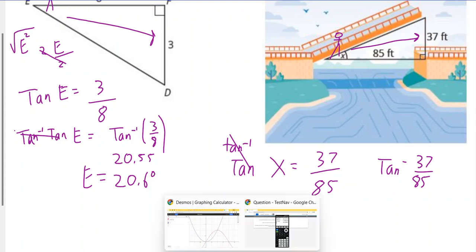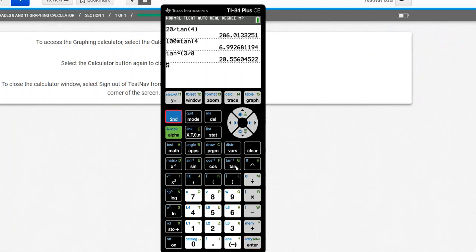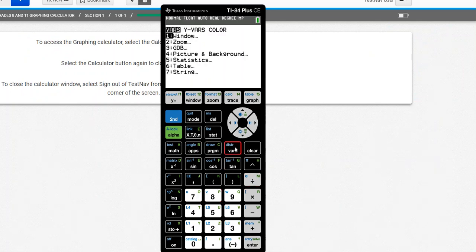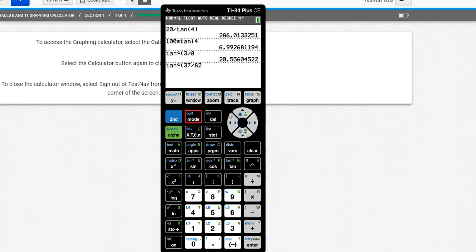Go to my calculator. Second, inverse tan, 37 divided by 85. Enter. And I get 23.52.